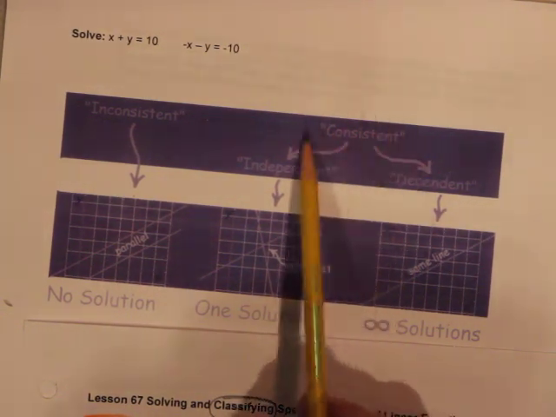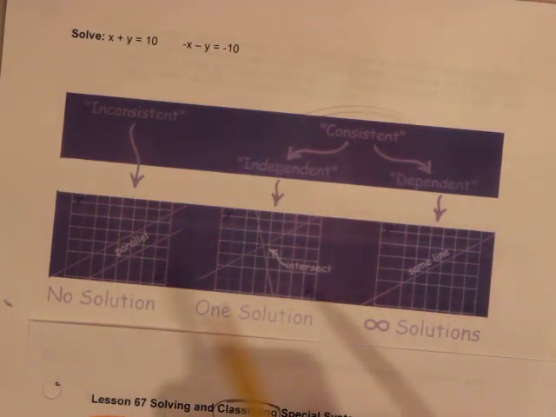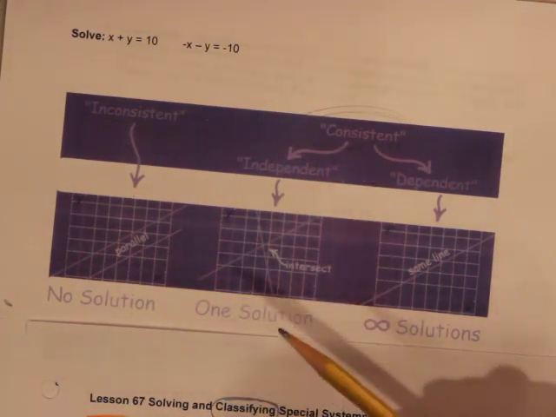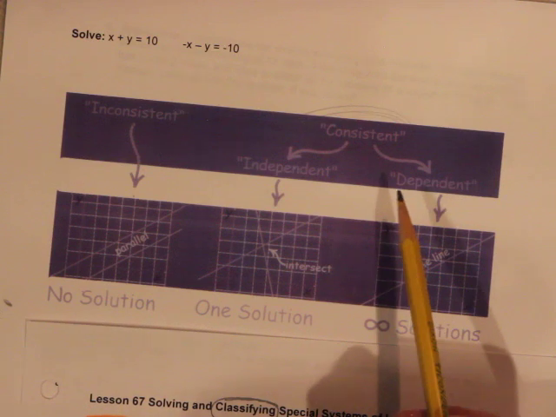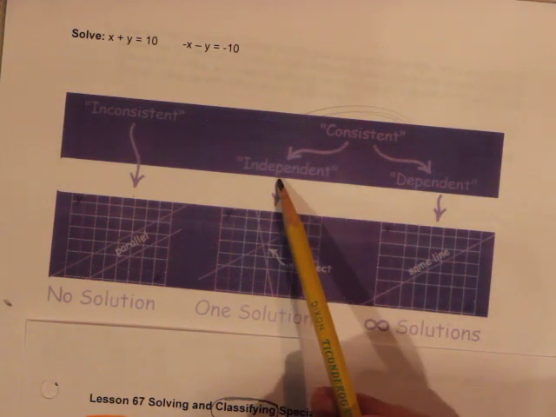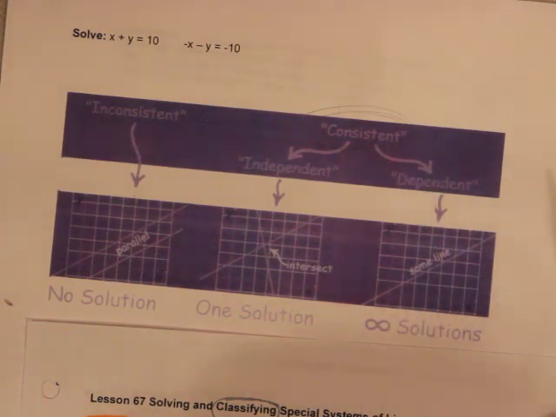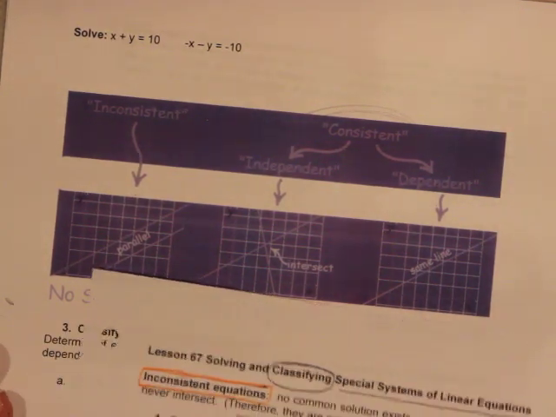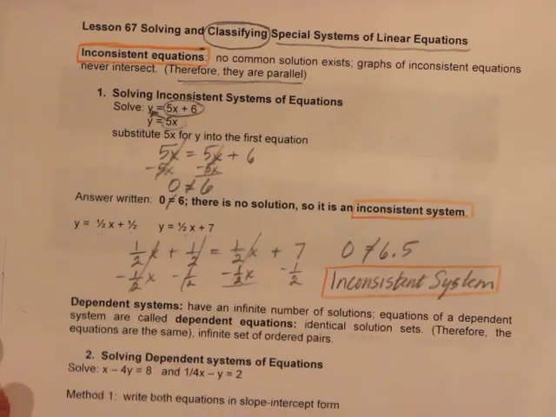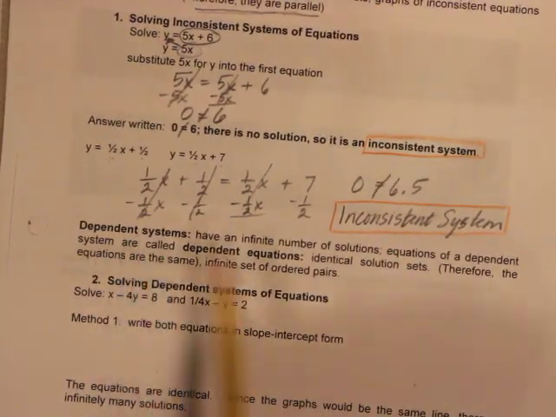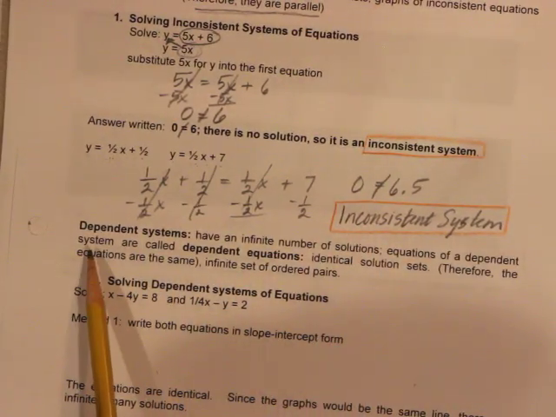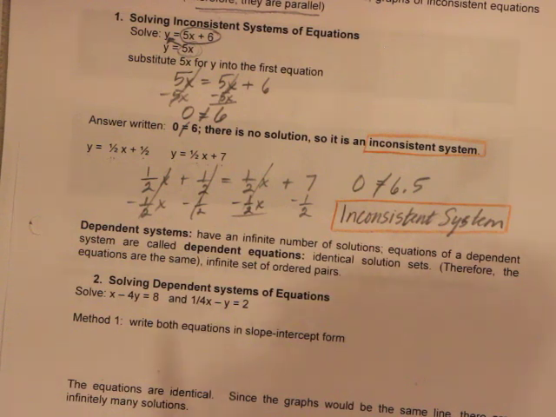Consistent equations, or consistent systems, two separate lines, can be expressed in two different ways. We have independent consistent systems and dependent consistent systems. Let's start with dependent systems, okay? So we've just moved from inconsistent systems to consistent systems, and there are two types.